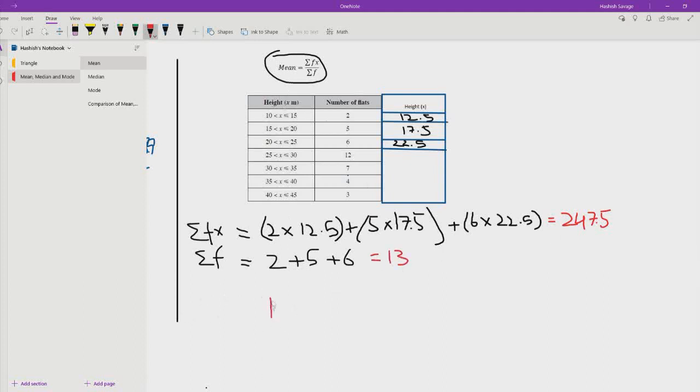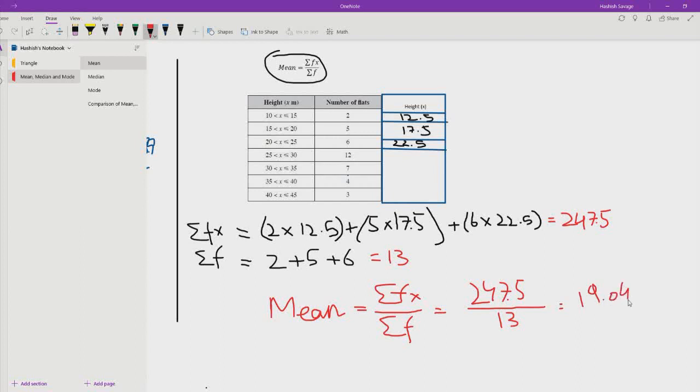So mean will be summation fx over summation f. The value of summation fx is 247.5 and the value of this is 30. So the total answer will come to be 19.04. So this is how you will calculate the mean of data that is given in table form.